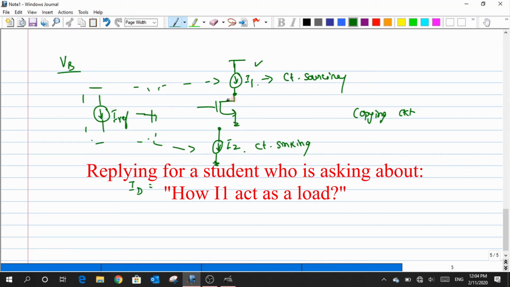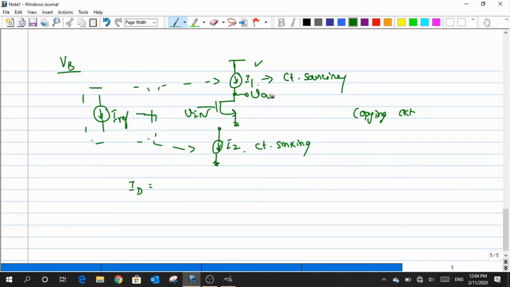So this is my CS amplifier with NMOS as my input device. So here is my Vin and here is my Vout. For this circuit, I should have the same CS amplifier which I showed on the previous slide. So this is my I2, where I am feeding my input here and taking my Vout here. So this is how I use my I1 and I2 in the circuits.